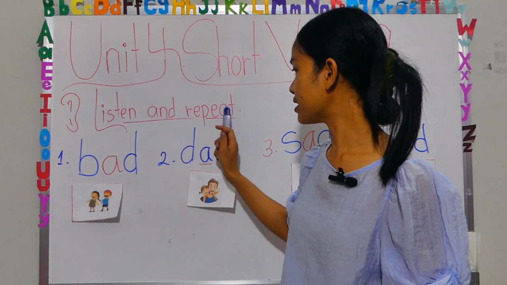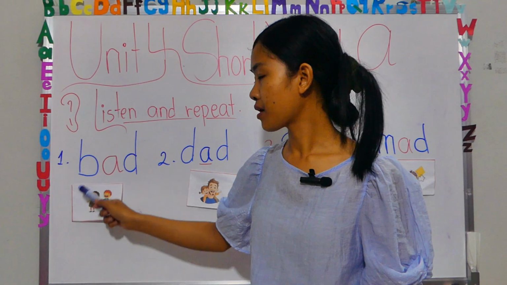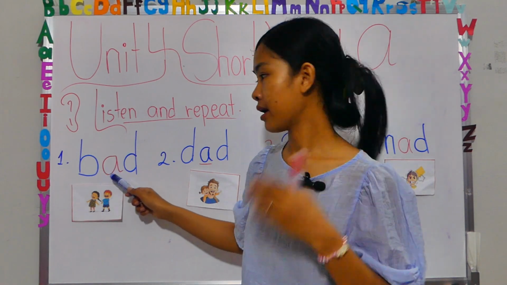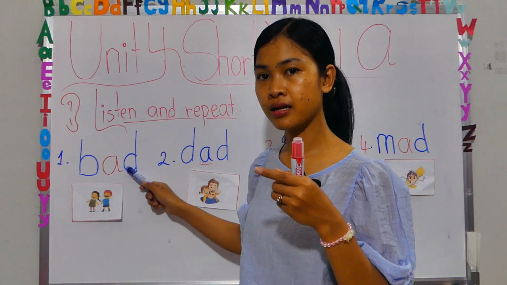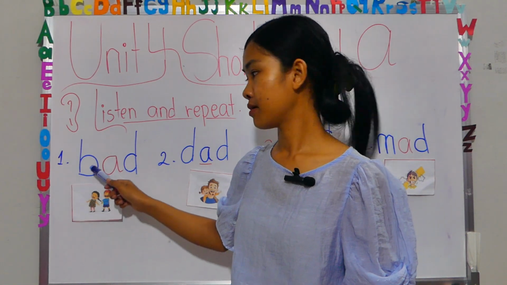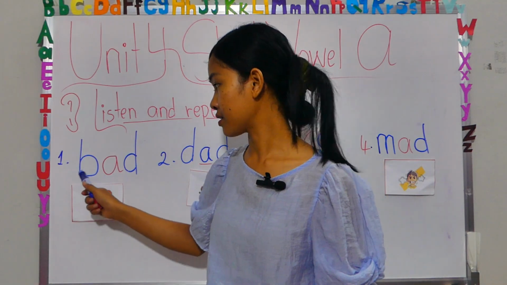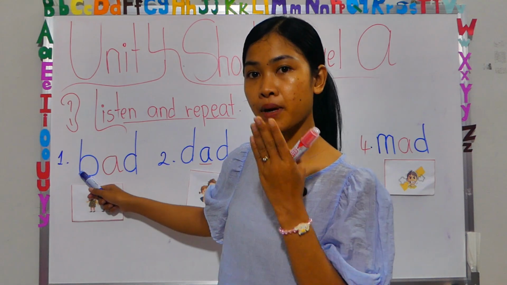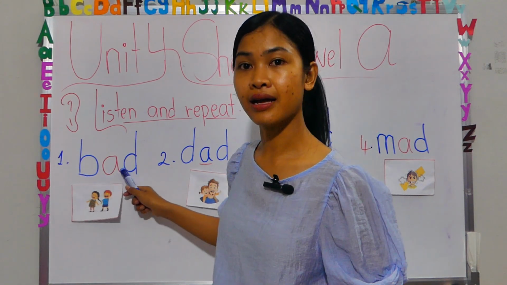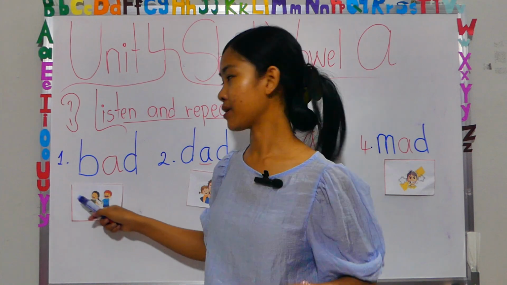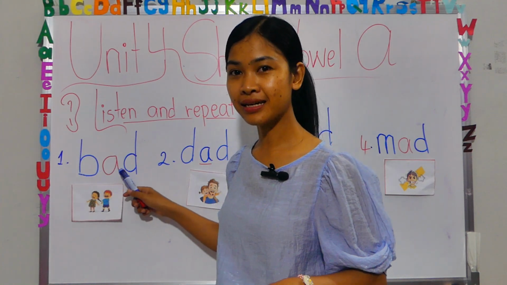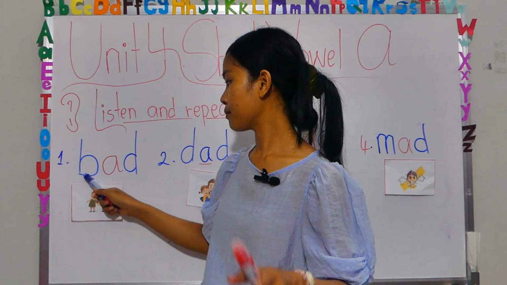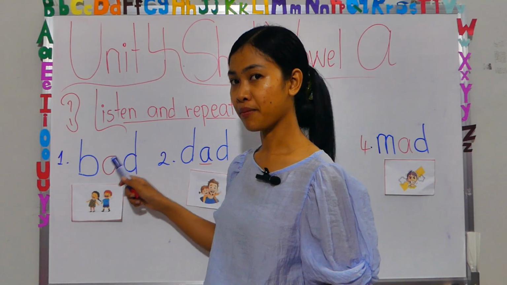Number 1: B, a, d, bad. Now you say with me. Teacher points and then you say. Very good. Bad, bad, bad. One more time. Bad, bad.